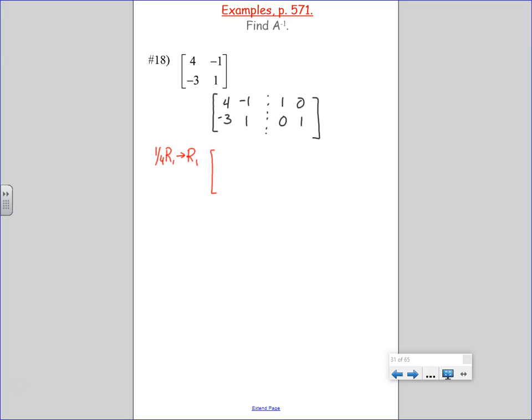Yeah, but our system says multiply by 1/4. So we would have 4 over 4 is 1, negative 1 over 4, 1 over 4, 0 over 4, just 0. And row 2 stays the same. I have my 1.